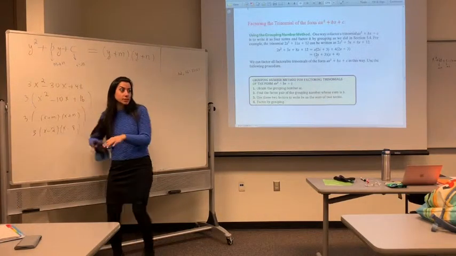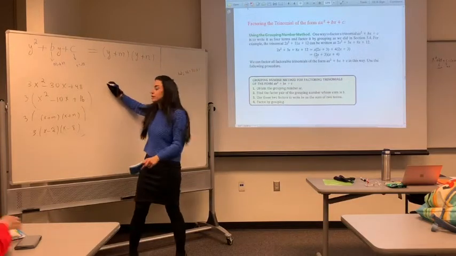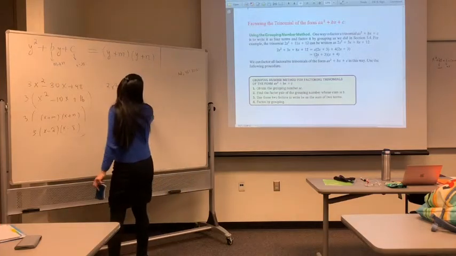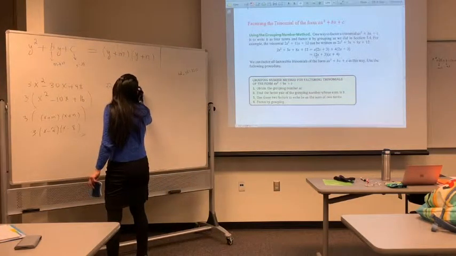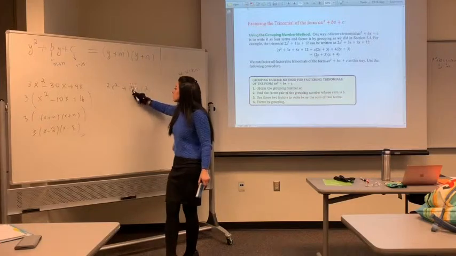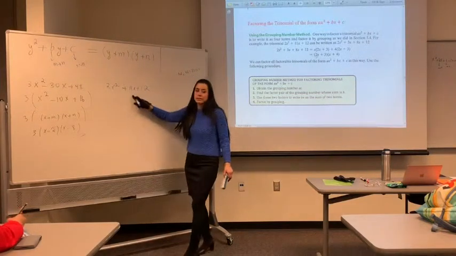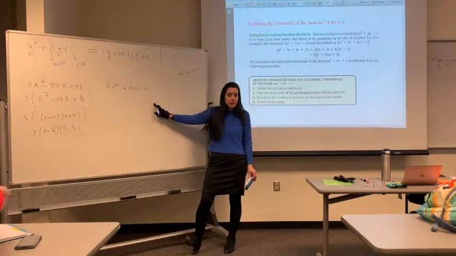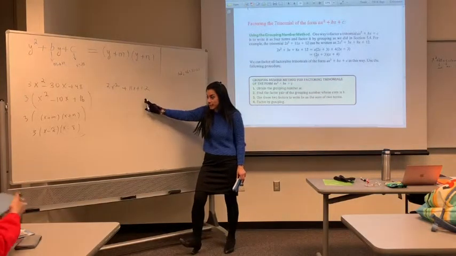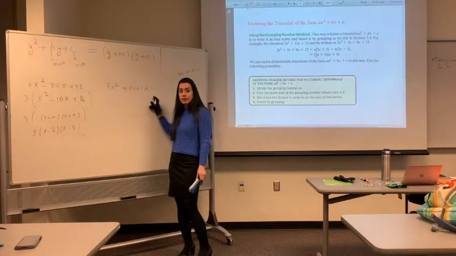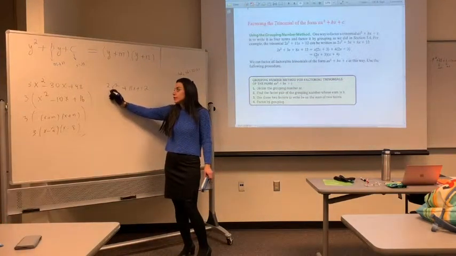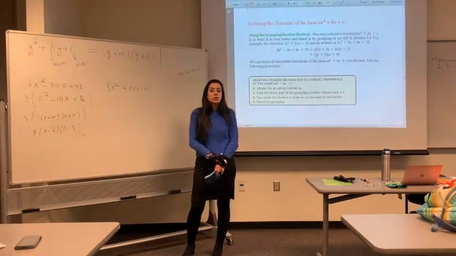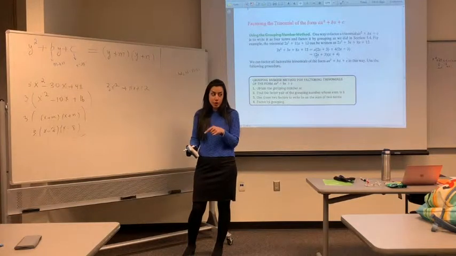But sometimes, like this one, 2x squared plus 11x plus 12, you don't see any common constants to bring out, right? Is that correct? So in this case, when you have a trinomial but you cannot bring out the coefficient of x squared, you will use this new method that we are going to talk about.